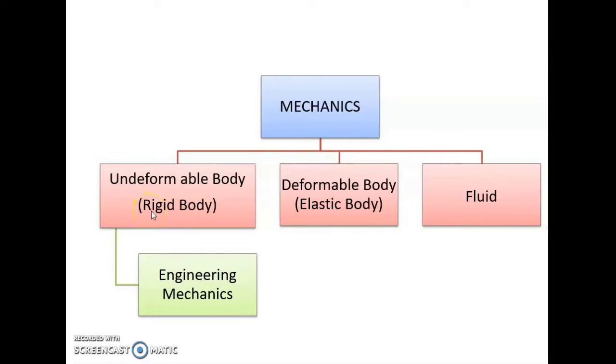Now you may ask me, what do you mean by a rigid body? A rigid body is the type of body which under the application of forces does not change in its shape, size or structure. So under the application of forces, if the size, shape, structure of the body remains the same, then that particular body will be called a rigid body.